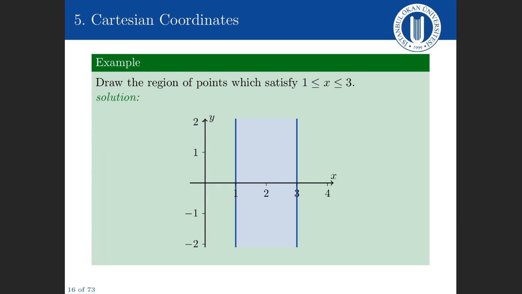Or you might be asked, draw the region of all points which satisfy x is between 1 and 3. First, we can look at x is greater than or equal to 1, or to simplify this, we could look at x equal to 1. This is a vertical line of all of the points where x is equal to 1.